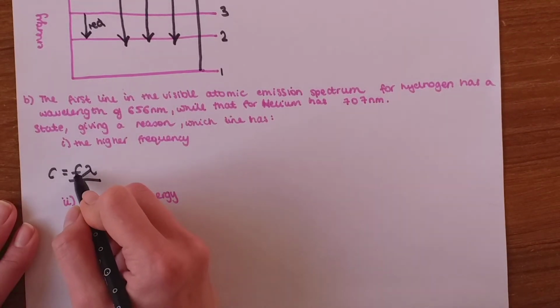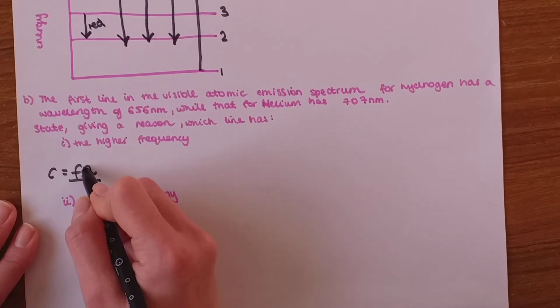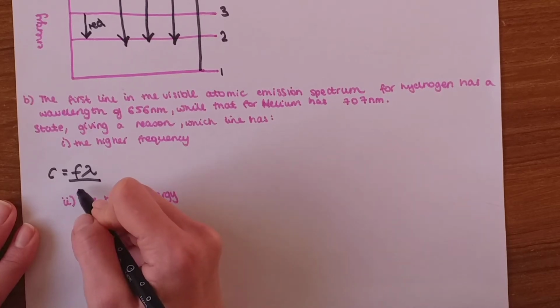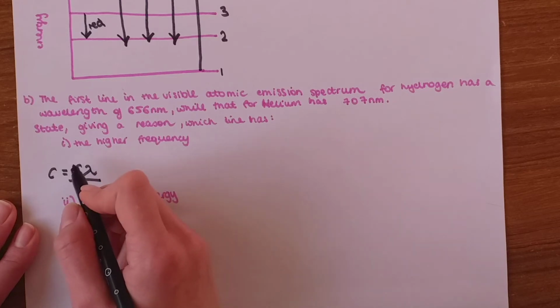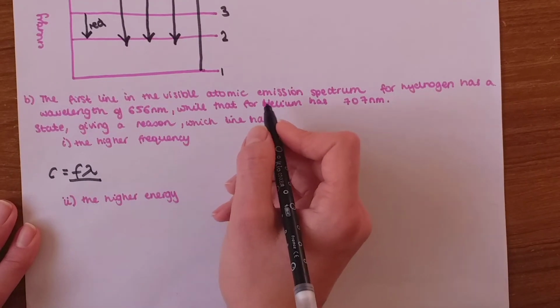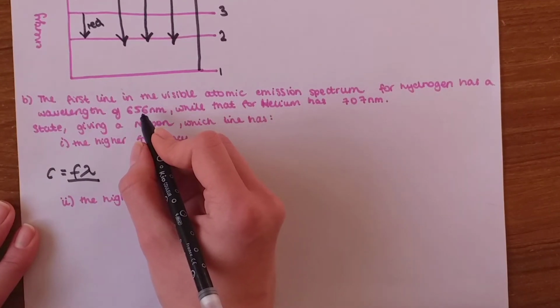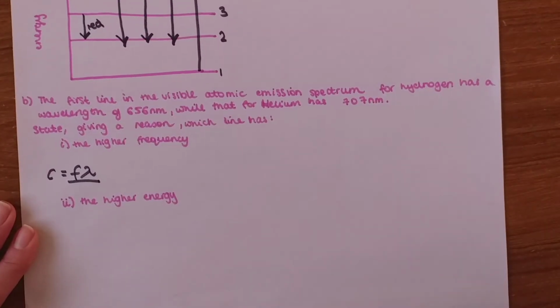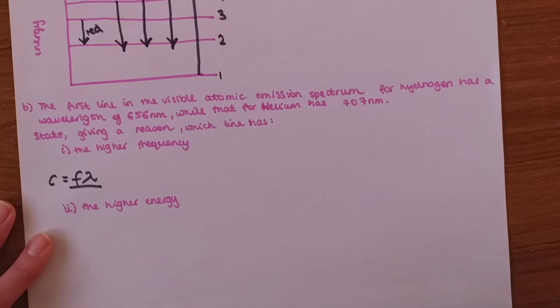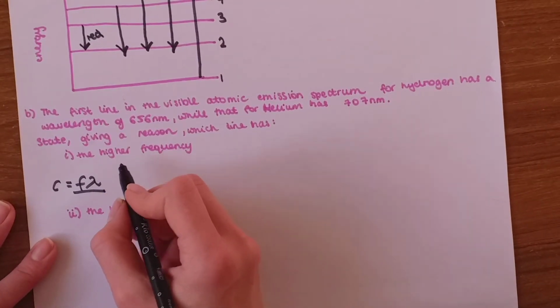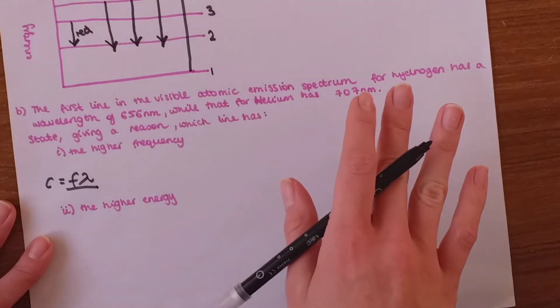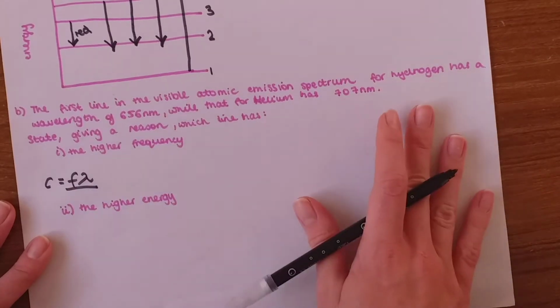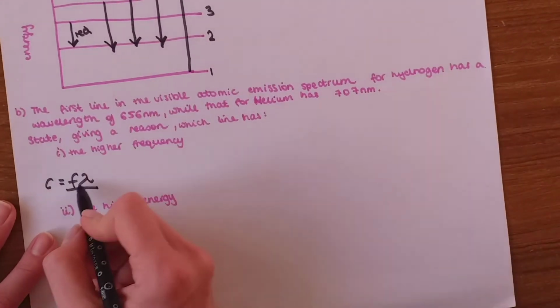This means that if frequency increases, wavelength has to increase as well. So if we have 656 nanometers for hydrogen and 707 nanometers for helium, and I knew there's something wrong. Sorry, I think I just confused all of you. If you heard that, just erase that from your memory.